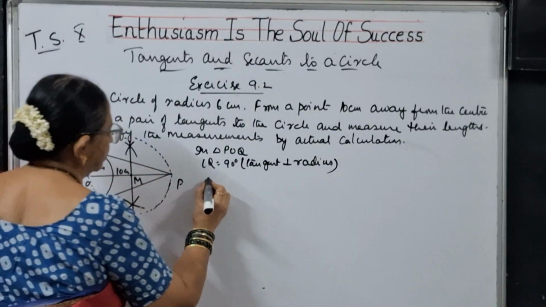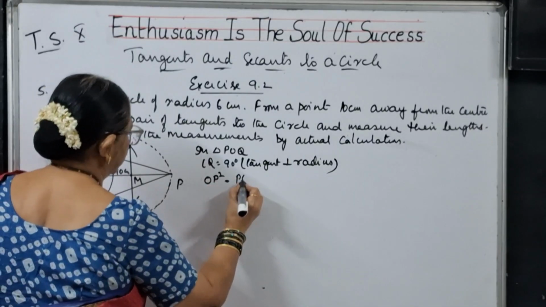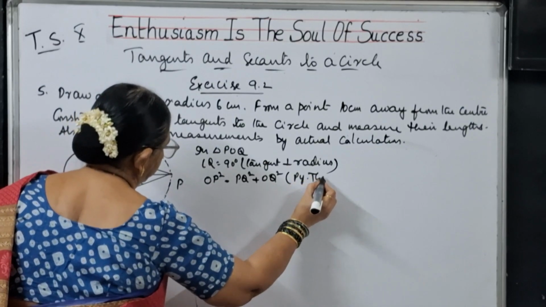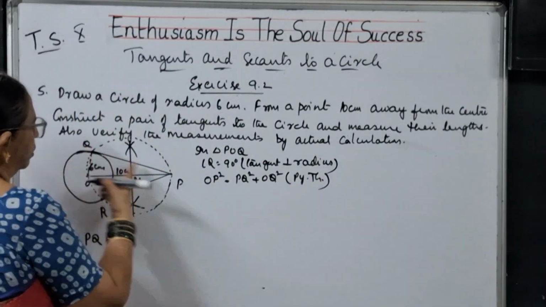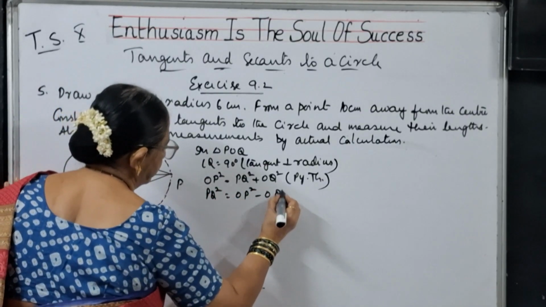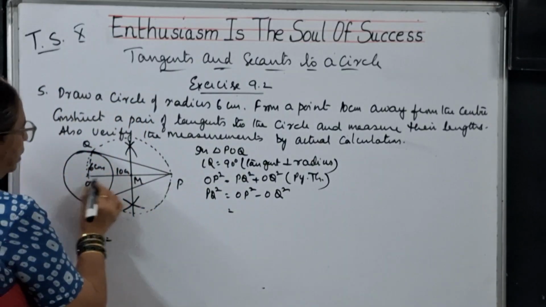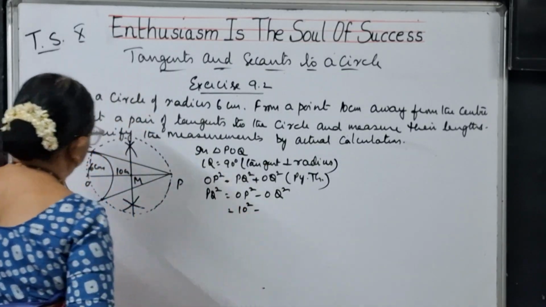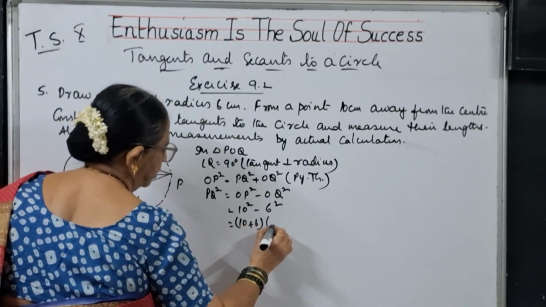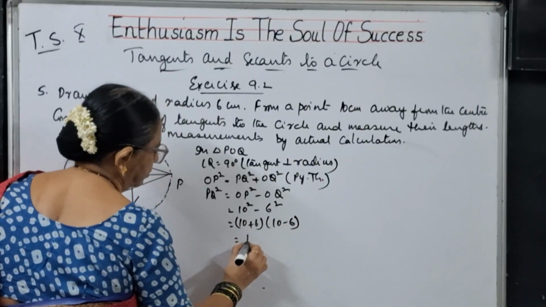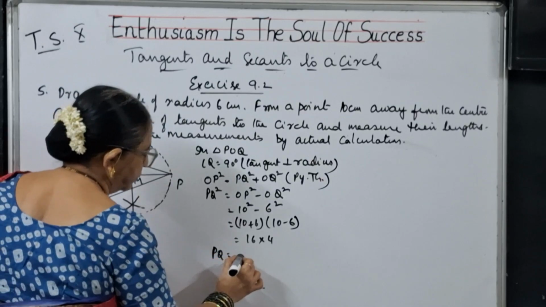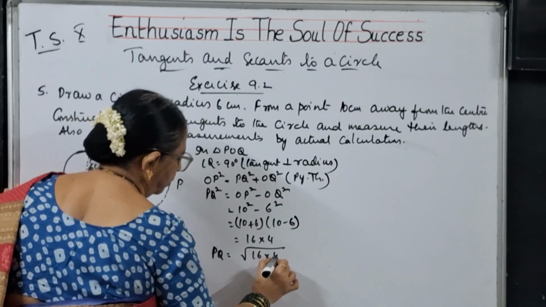So we know that OP square is equal to PQ square plus OQ square by using Pythagorean theorem. We want PQ square. PQ square is equal to OP square minus OQ square. OP is 10 square minus OQ is 6 square. That means 10 plus 6 into 10 minus 6. That is 16 into 4. So PQ is root of 16 into 4.